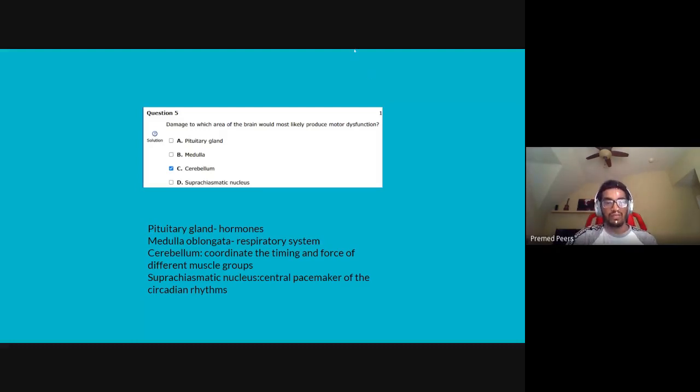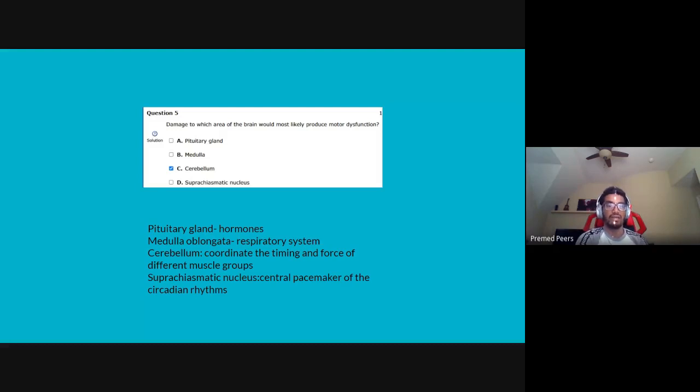And we have the pituitary gland, which really controls hormones and hormone release. So we wouldn't have a direct effect on motor control. We have the medulla, which is mostly the control of unconscious procedures like breathing. And since that's in the hindbrain, or the oldest developed part of our brain, we're not going to see any precise motor control here.